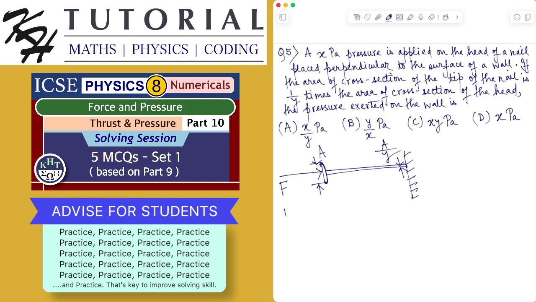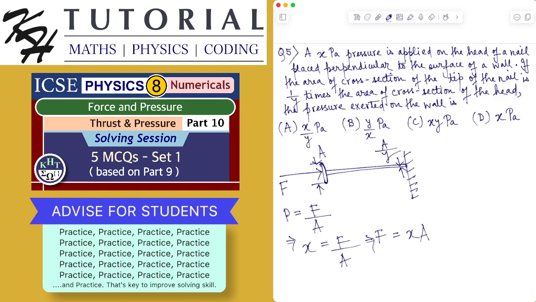So I know pressure is equal to force by A. This implies, since the pressure is given to be X Pascal, we have X is equal to F by A, where we have assumed the area of the head to be A. So this implies the force being applied on the head is equal to XA.